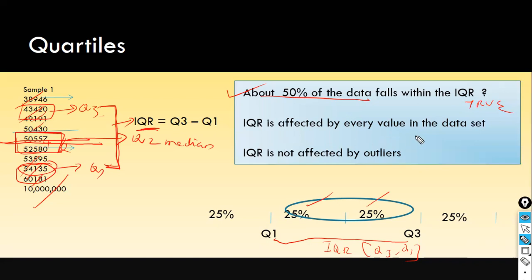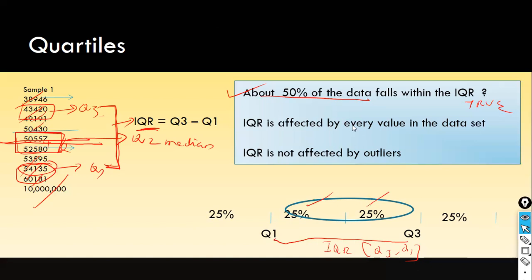And IQR is affected by every value in the data set. Is it true? Yes, majority of you said yes. No, IQR is not affected by every value in the data set.